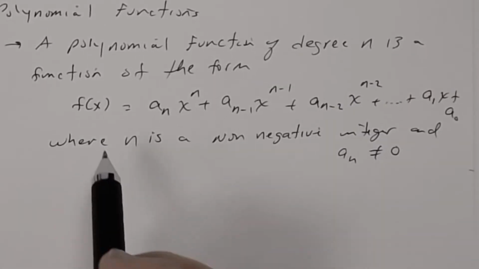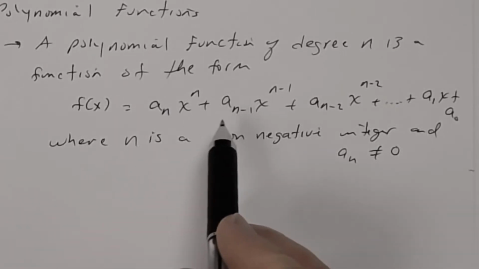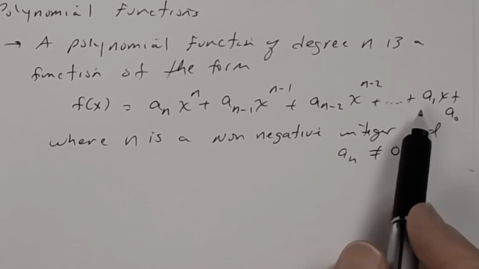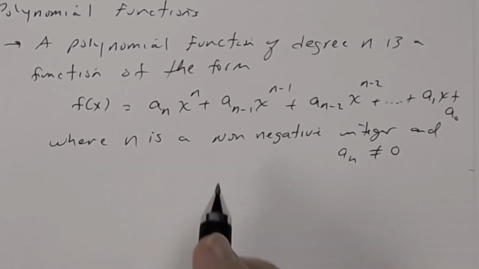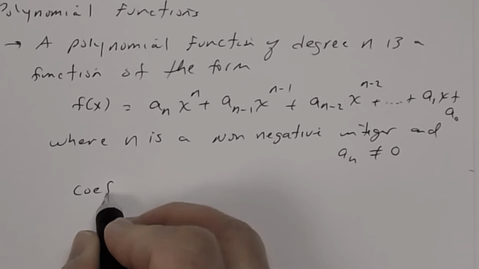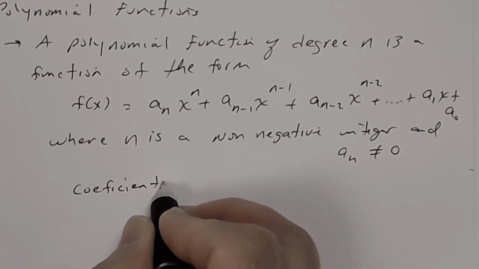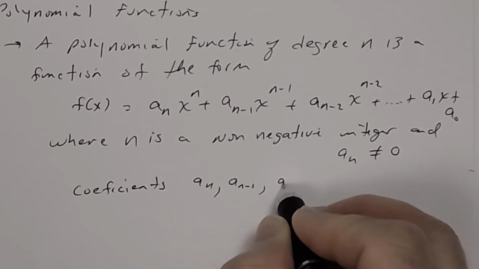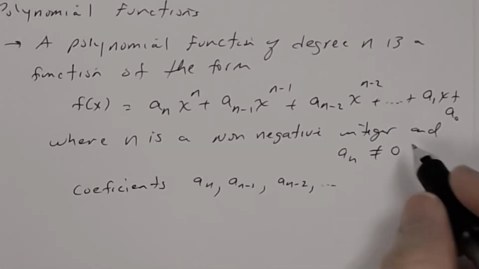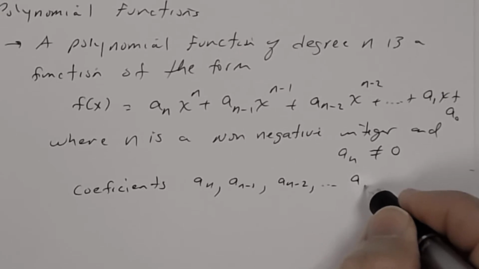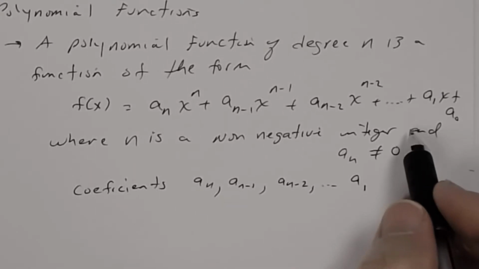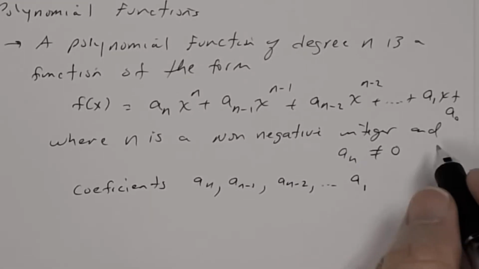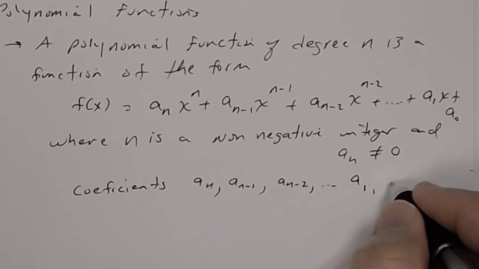Your coefficients would be a sub n minus 1, a sub n minus 2, and so on, and a sub 1 as well. Even that constant would be considered a coefficient.